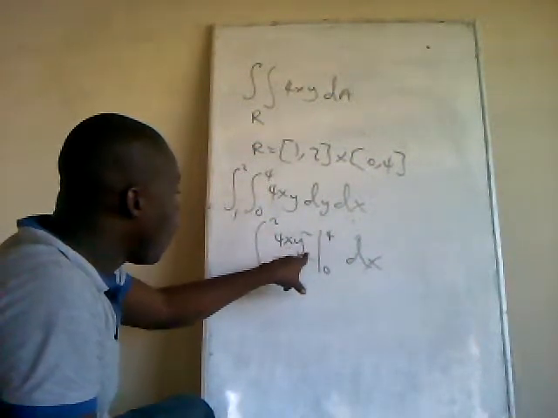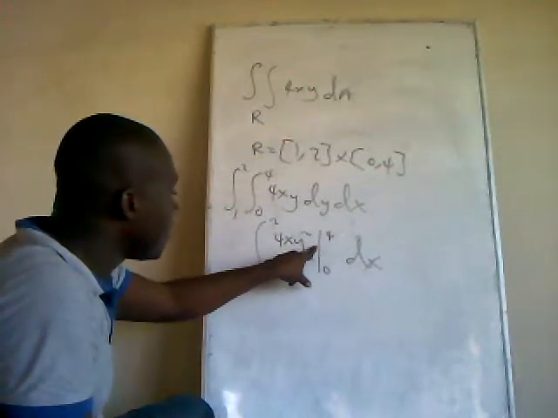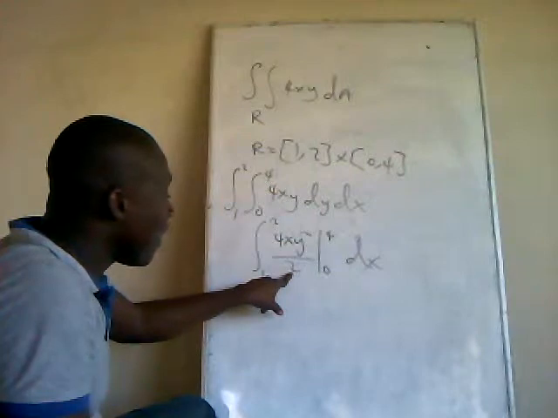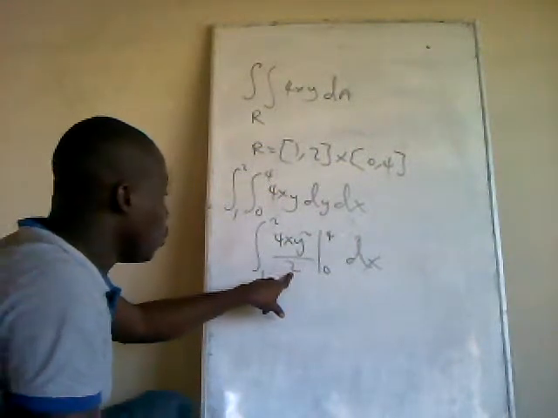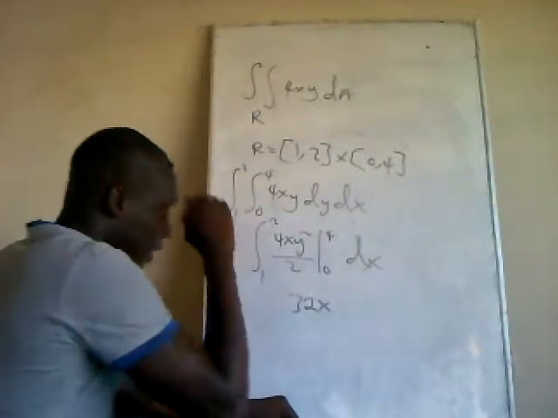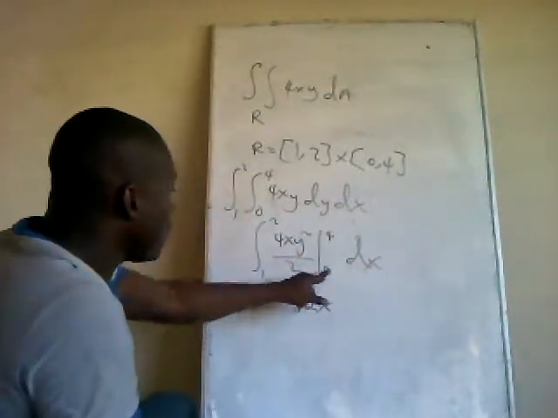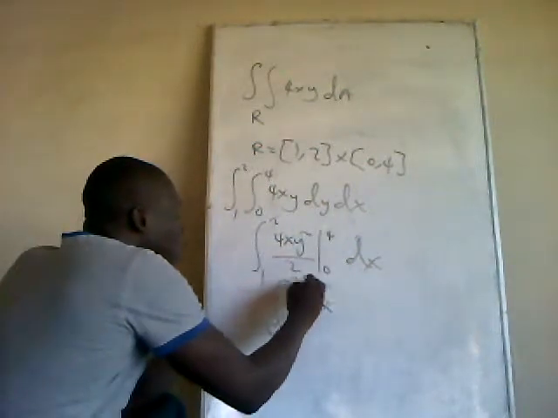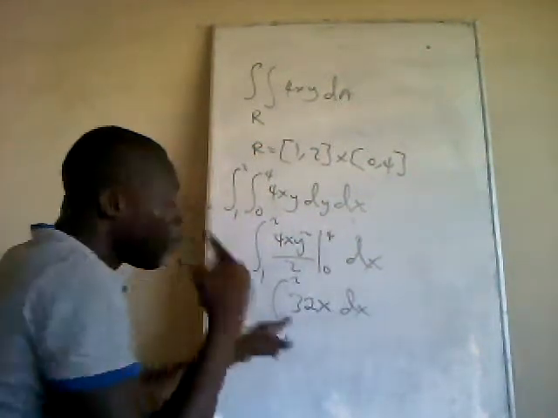So in place of y, I'll put 4, and I'm going to get 4 to the power 2 is 16, 16 times 4 is 64, 64 divided by 2 is 32. So I'm going to get 32x. Minus, when I put 0 in place of y, everything will be 0. So now I'm going to integrate 32x dx from 1 to 2.